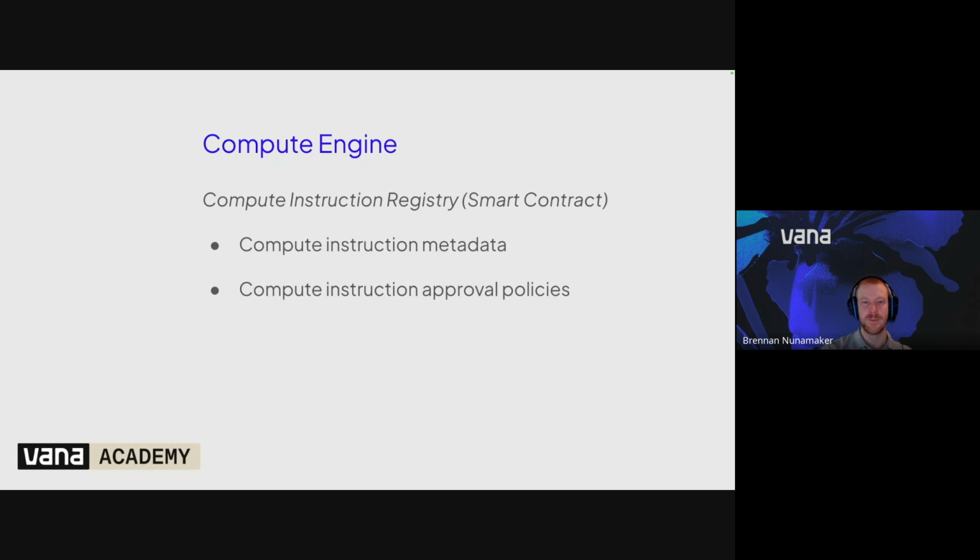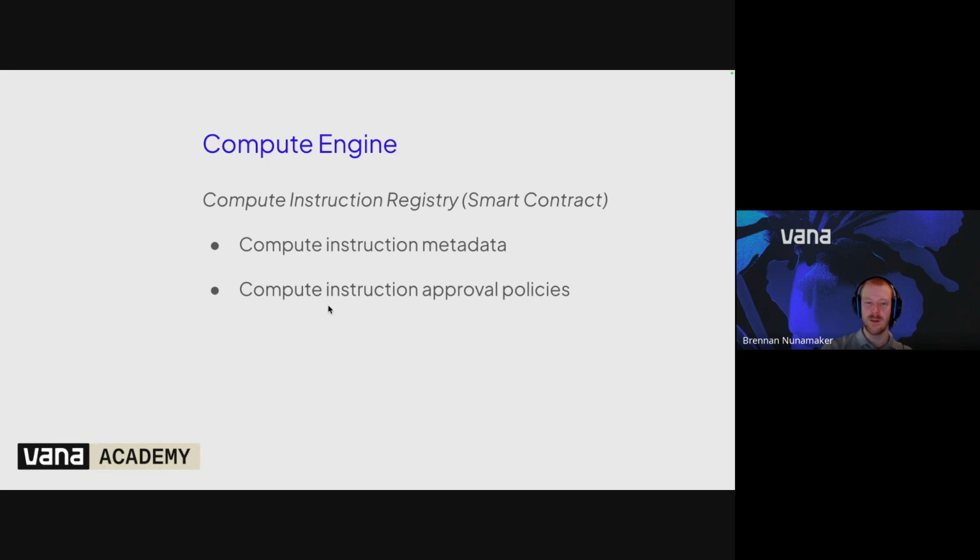Okay, so the first part of the compute engine cluster, as we can say, is the compute instruction registry smart contract. What this does is store compute instruction metadata and compute instruction approval policies.